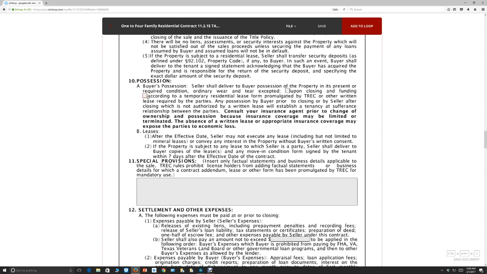On the temporary residential lease, please put a time that the lease expires. So this lease expires on February 2nd at 5 o'clock p.m. That means the seller has to be out at 5 o'clock p.m. That means the buyer can have their moving stuff arrive at 5:30.